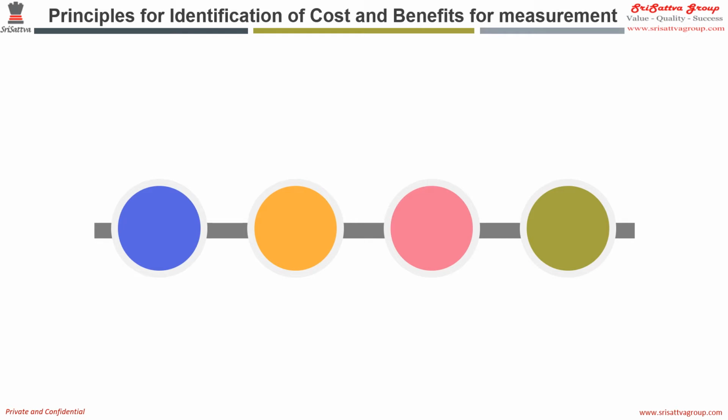Thus, the costs and benefits which are controllable are considered for measurement for making decision. Relevance: the costs which are controllable need to be relevant for decision making.